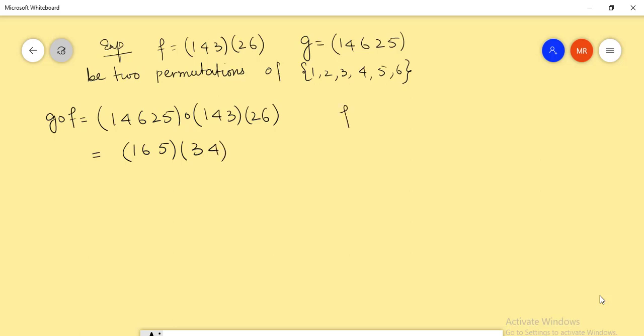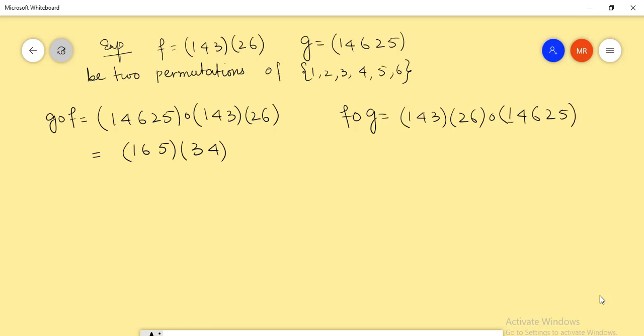What if we compute this F composite G? Then F composite G is given by (1 4 3 2 6) composed with (1 4 6 2 5).